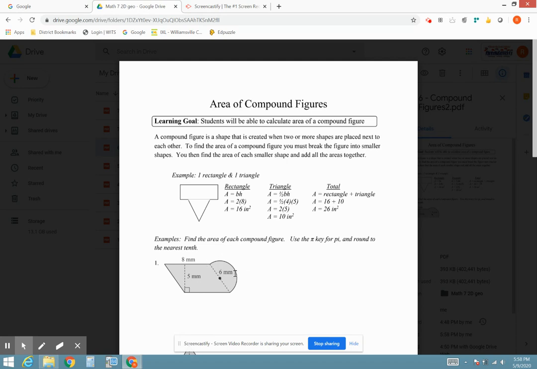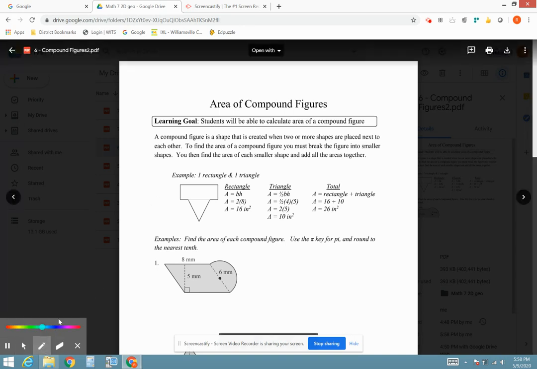So basically, what we have we call compound figures, which means more than one figure put together to form a new figure. For instance, we have a rectangle and a triangle. So we find the area of the rectangle, we find the area of the triangle, we add them up.